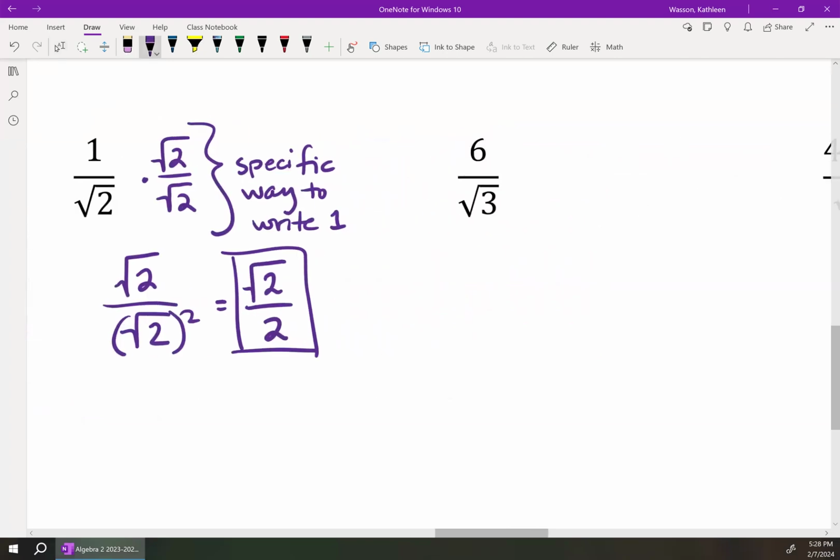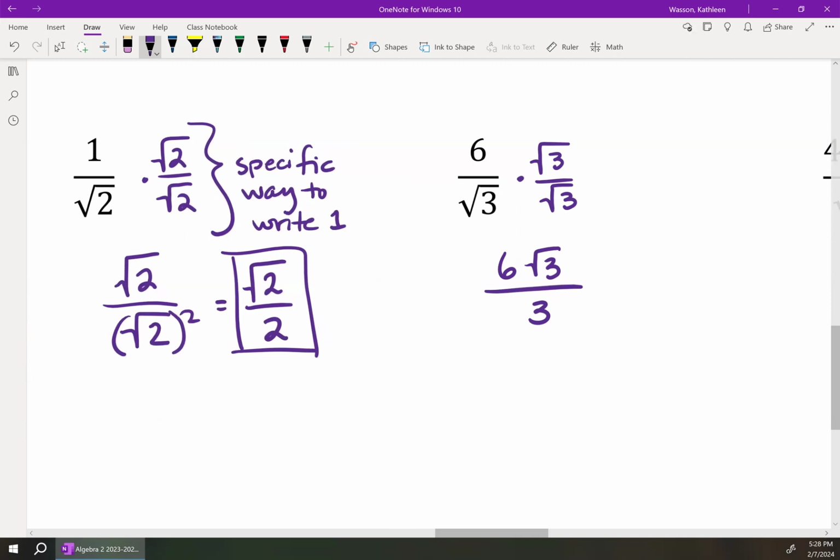Next, 6 divided by square root 3. I multiply by 1, which is, I'm going to write 1 as square root 3 over 3. 6 times square root 3 is the numerator. The denominator is square root 3 times square root 3. Square root squared, this will just be 3.